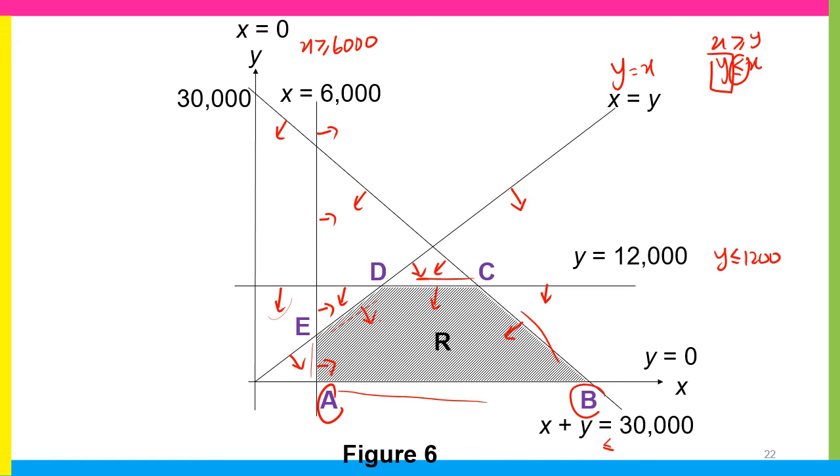This is when X equal to 6,000, so A is 6,000, 0. And B also, it's 30,000, 0. But for C, D, E, we need to find them by using the simultaneous method.